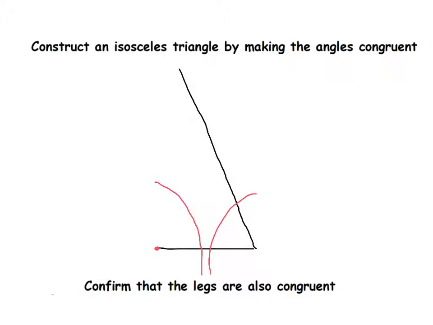These arcs might end up intersecting, I don't know. Now, once I've made those two arcs, I'm going to put the point of my compass right here and measure how wide that arc is. Put an arc through there right where it hits, and copy that width over to this side.